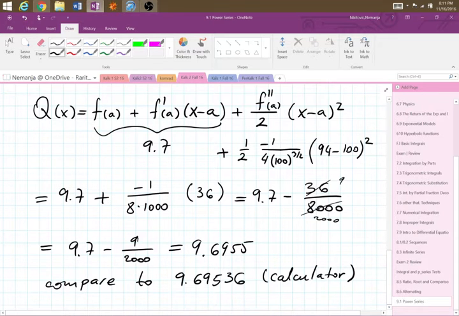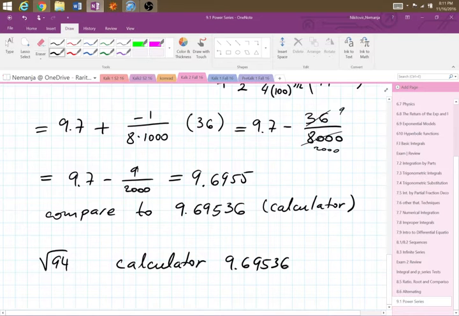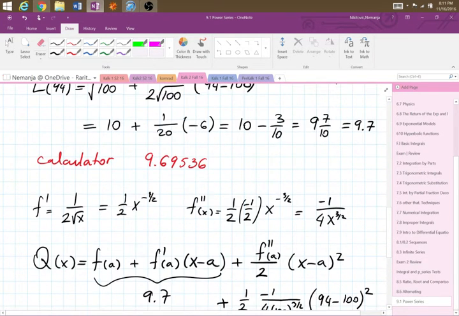Okay, so I want to put this in perspective. Calculator, so square root of 94. Calculator gave 9.69536. Linear approximation gave 9.7.